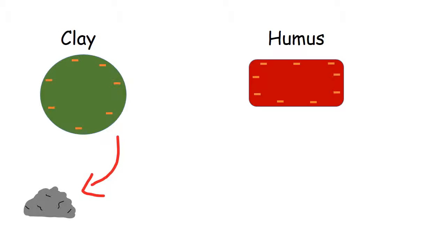Soil is made up of 2 main types of particles, clay and humus. Clay comes from the breakdown of the parent rock material, for example, limestone. Humus comes from the breakdown of organic material such as dead plants and animal waste. Both of these particles have a negative overall charge, and it is this characteristic that is important for cation exchange.